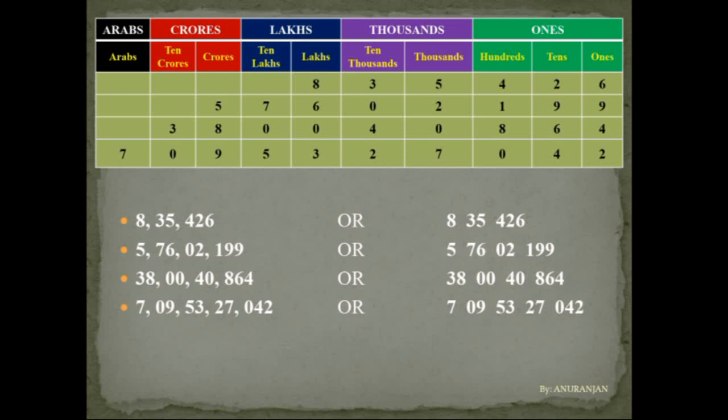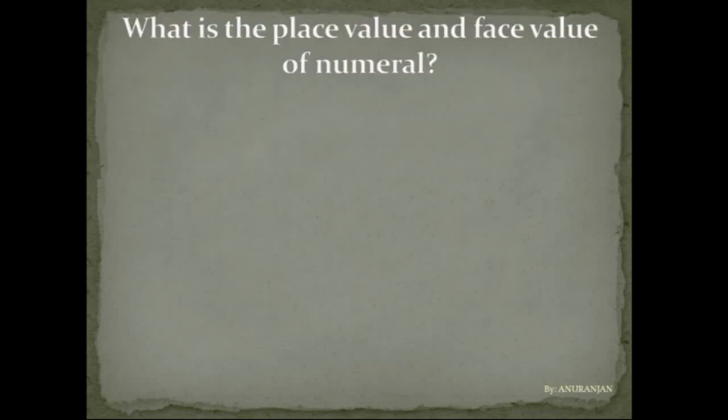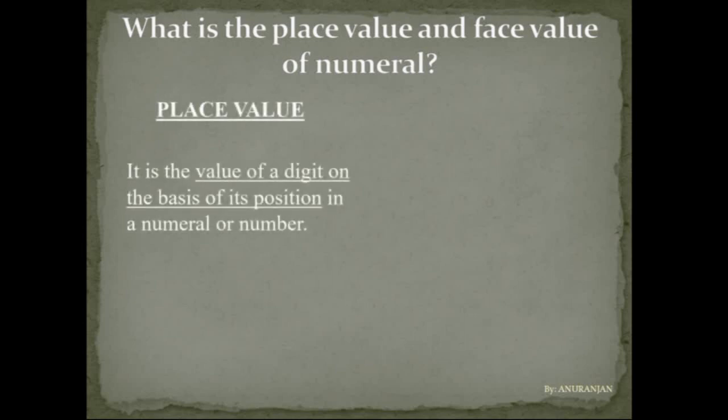Now let's understand the face values and place values of a numeral. What is the place value and face value of a numeral? The place value is the value of a digit on the basis of its position in a numeral or number. Now we know how to represent the digits in the chart.